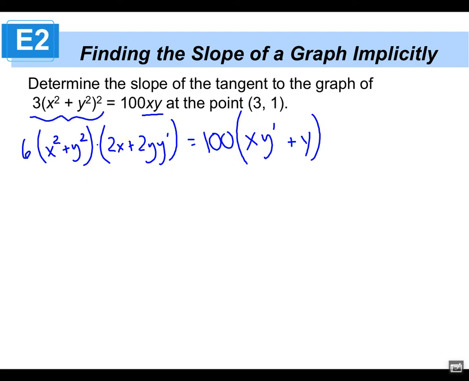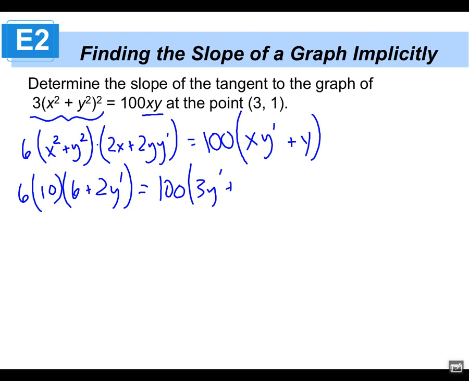Second option? Yeah. Okay. That's probably what I would go with also. 6 times 10 times 6 plus 2y prime equals 100 times 3y prime plus 1.